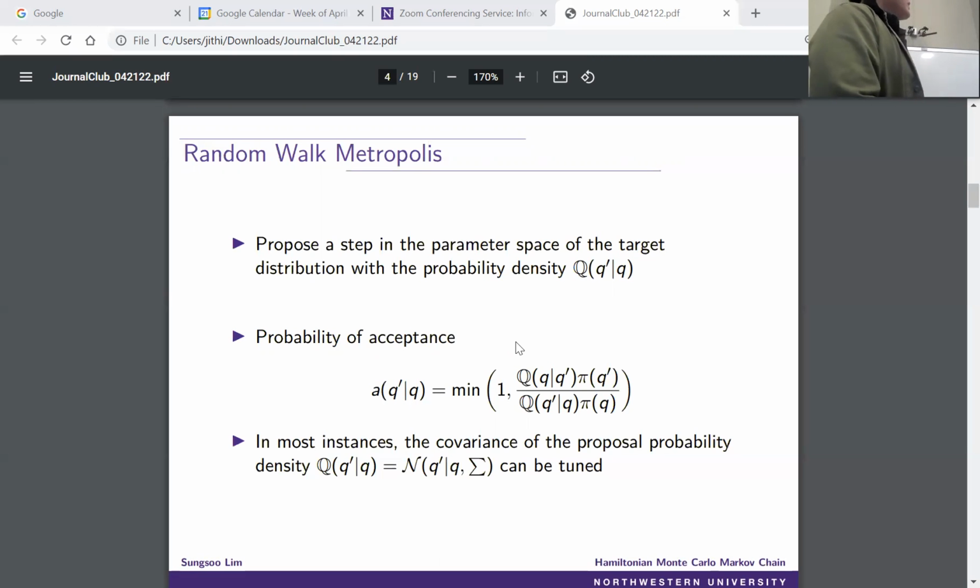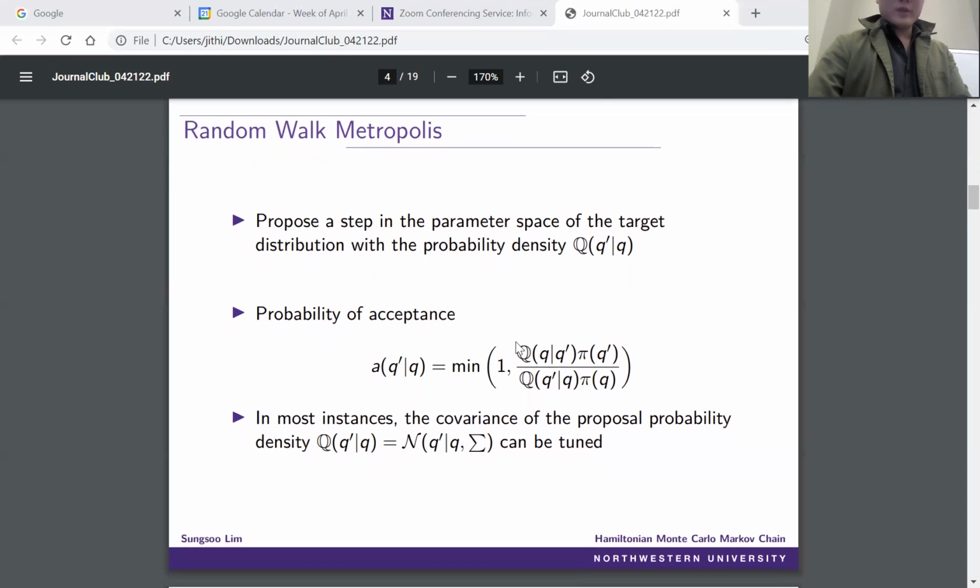And then we either accept or reject the step with the following Metropolis criterion. And in most instances, the covariance of the proposal probability density for the multidimensional cases can be tuned so that they are confined to the regions of high probability mass.